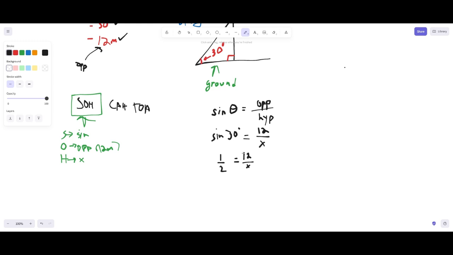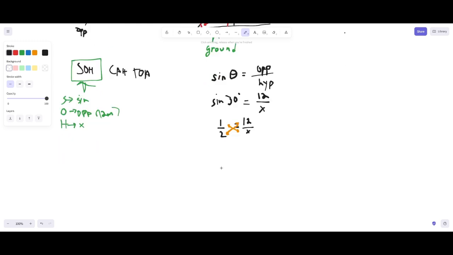Okay? All right, now what we do is cross multiplication, and we do cross multiplication to figure out the unknown value of x. So we would multiply 2 and 12 together, and then 1 and x together. Okay? And what that gives us back is x, which is going to equate to 2 times 12.